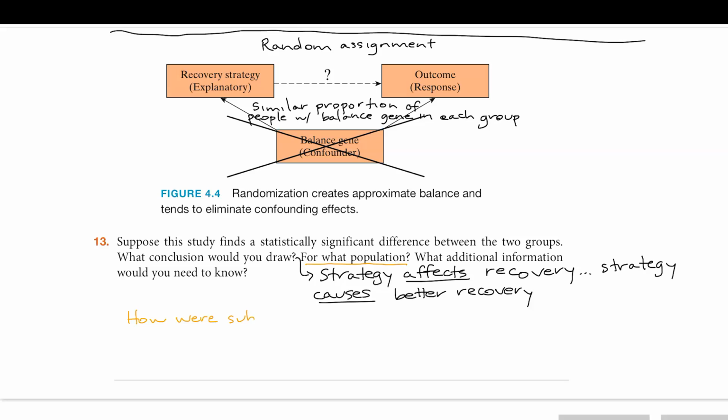How were the subjects selected for this study? We were not told that they were randomly selected. In fact, I think they said they were recruited.